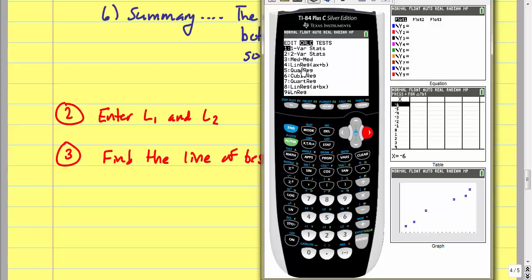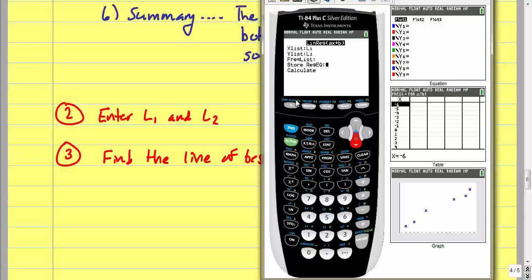Then we would go down to linear regression ax plus b. This looks pretty familiar. This is my x list, this is my y list. My frequency list is just going to be blank because I don't have a frequency, like these are occurring 10 times or something. But this is interesting, store regression equation, so I don't have to type it in again later.